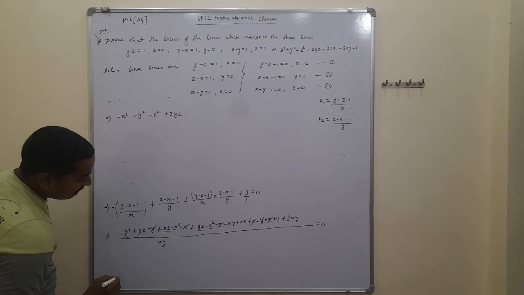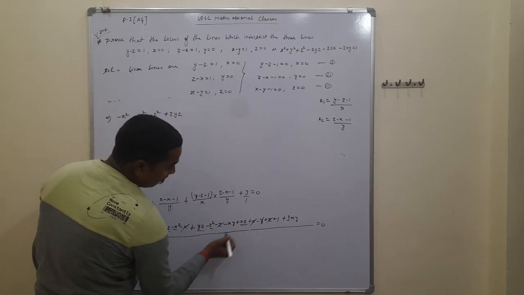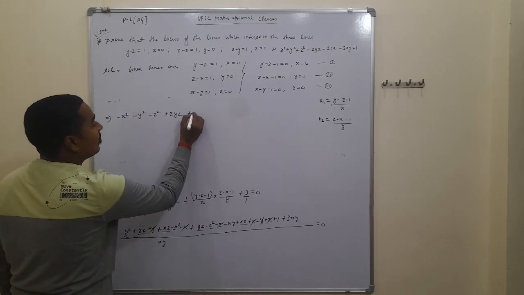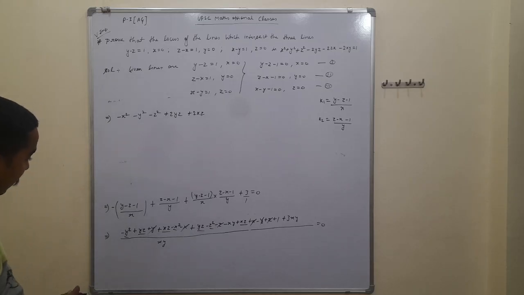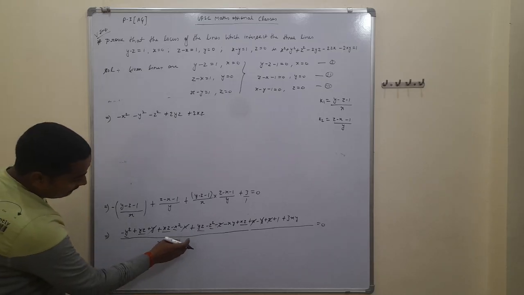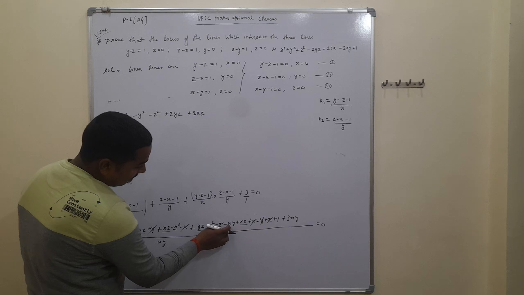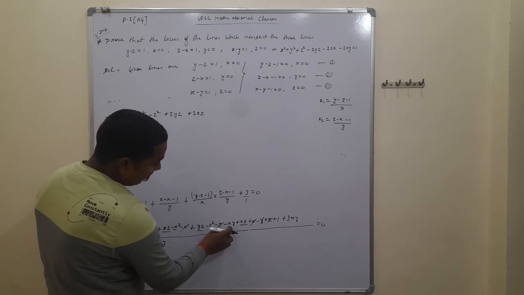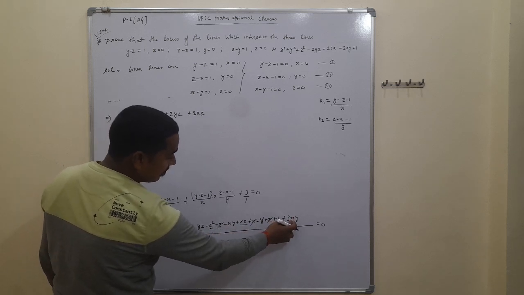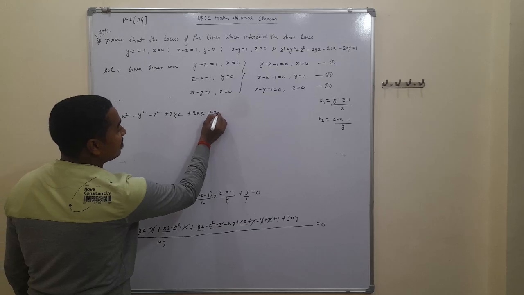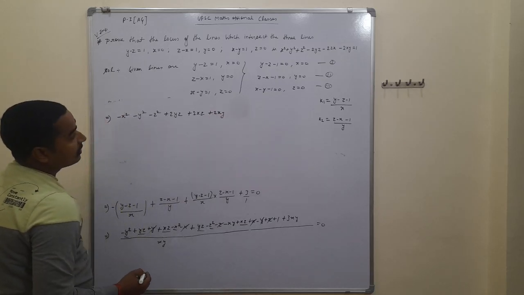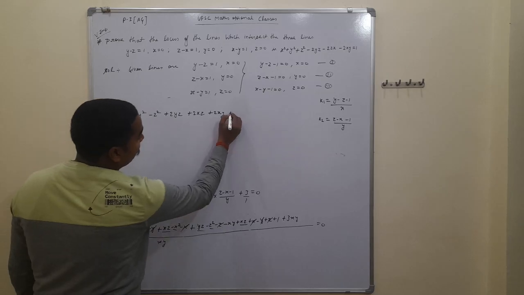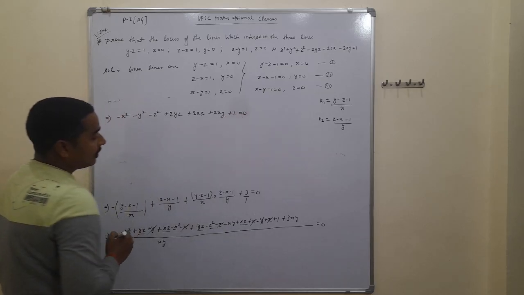and the remaining is xz and xz, plus of 2xz, and further minus of xy and plus of 3xy, that is plus of 2xy and plus of 1 is equal to 0.